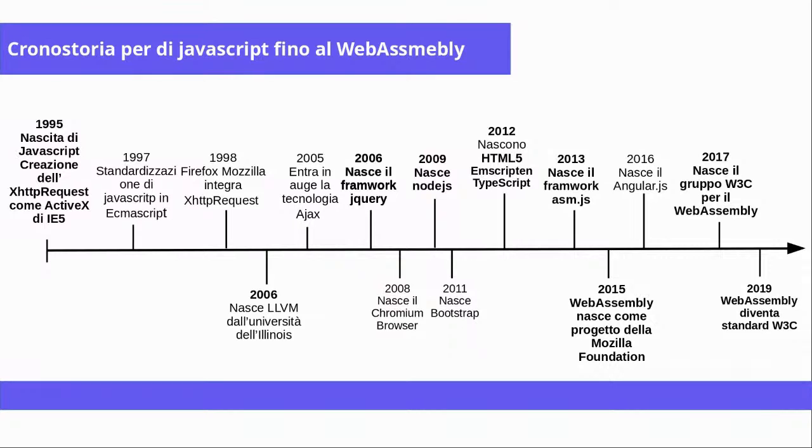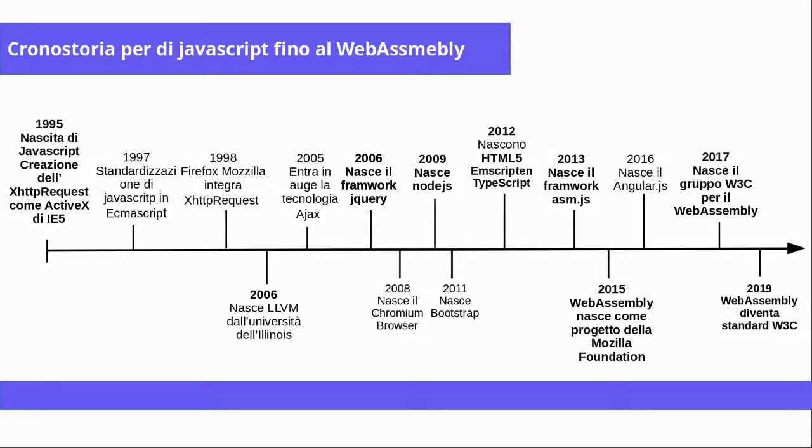In 1998, Firefox integrates XHTTP requests. In 2006, a new type of compiler and virtual machine was born. At the University of Illinois they produced LLVM, which is the base of WebAssembly.